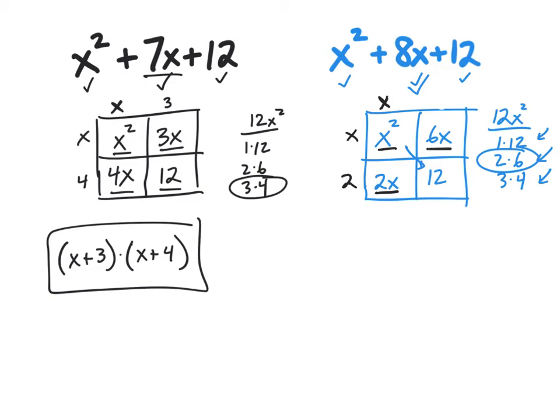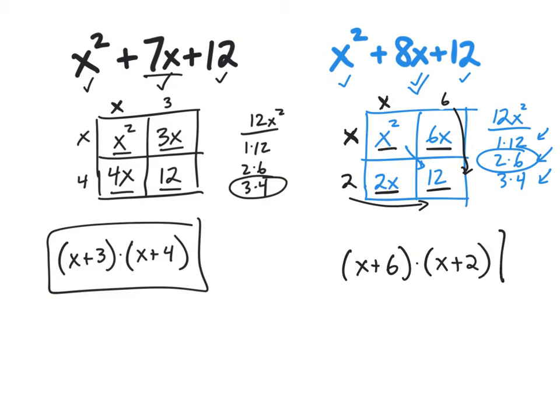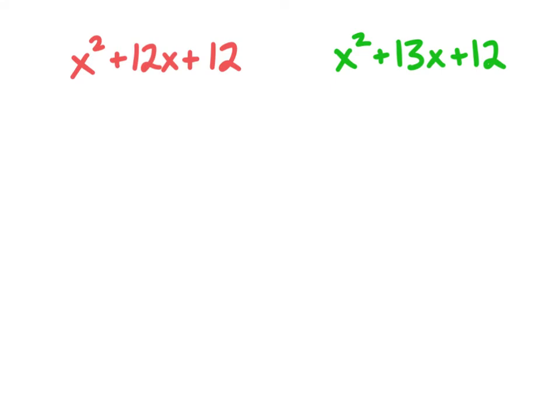When I go to get my 6x, I've already got the x on the side. I just need to multiply by 6. And now the 2 and the 6 multiply to get that magic 12 at the end. So we've got x plus 6 on one side times x plus 2 on the other side, and we have factored.